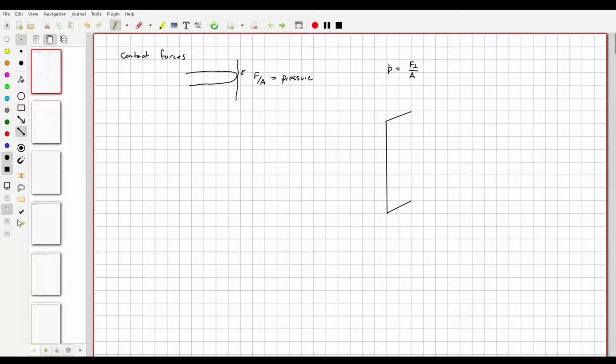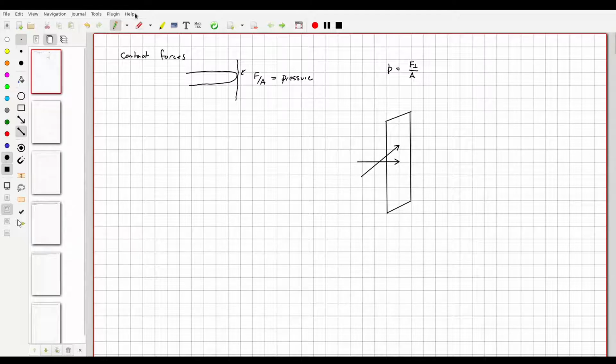Like this. Okay, so if you exert a force against this thing like this, so here's our force, all of the force in this direction would be distributed over the point of contact or the area of contact. On the other hand, let's pretend you exerted a force like this.